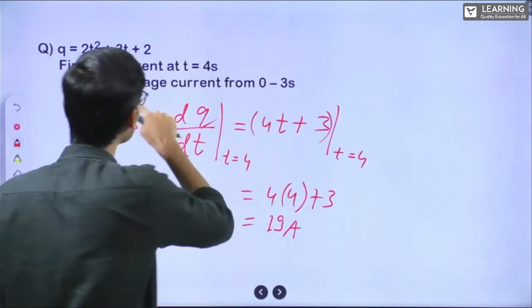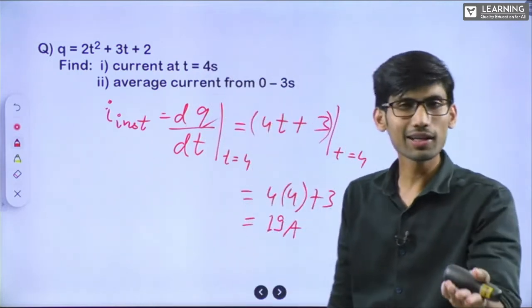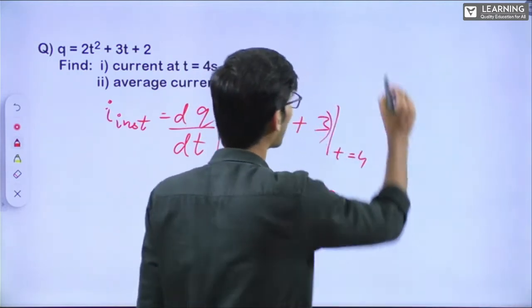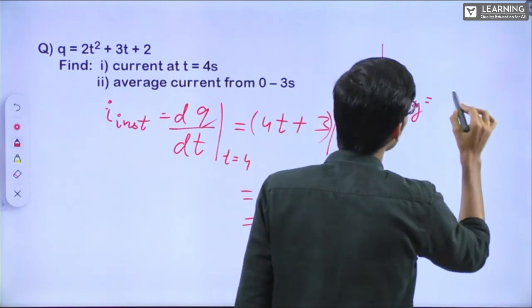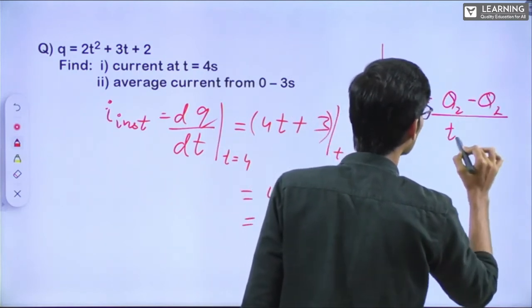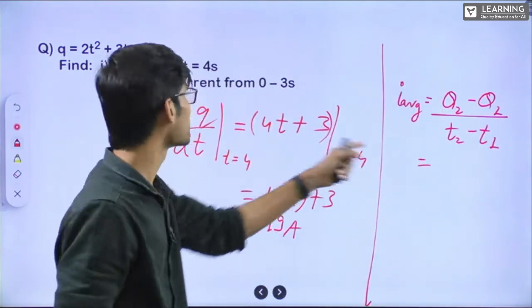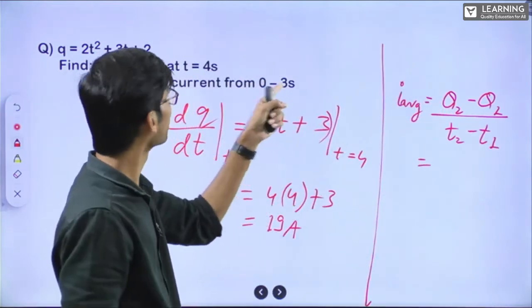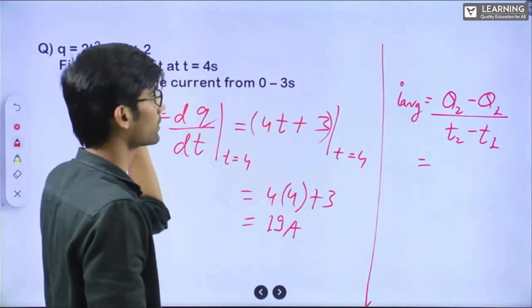Okay. Second is average current from 0 to 3 seconds. Average current means delta Q by delta T. I average is equal to Q2 minus Q1 upon T2 minus T1. Q2 means the charge at 3 seconds, when I put t equal to 3, and Q1 means when I put t as 0.